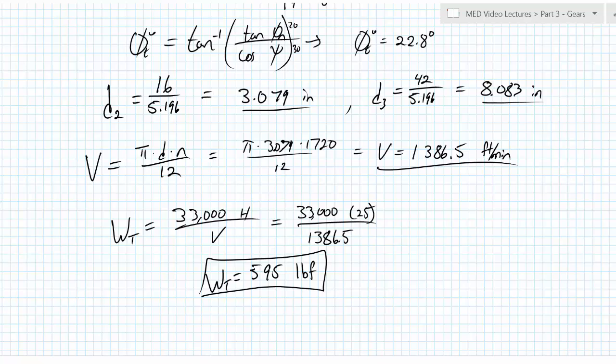Recall that our axial force is relatable to our tangential force as 595, that's the tangential force, times the tangent of the helical angle. So that's going to be about 344 pounds.